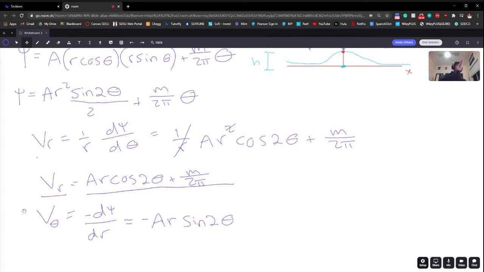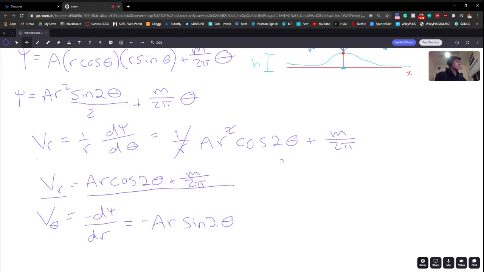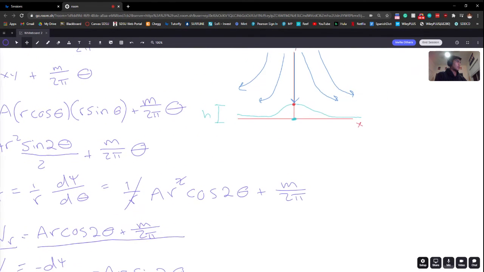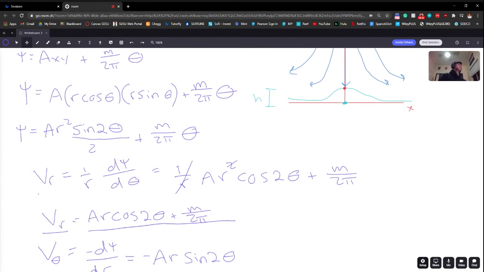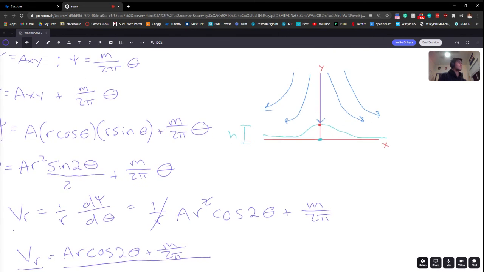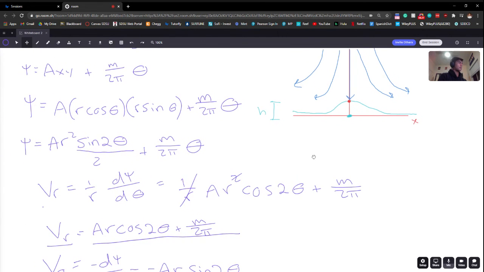So it's not moving radially or angularly. So h is equal to r, and theta is pi over 2, because it's at 90 degrees.